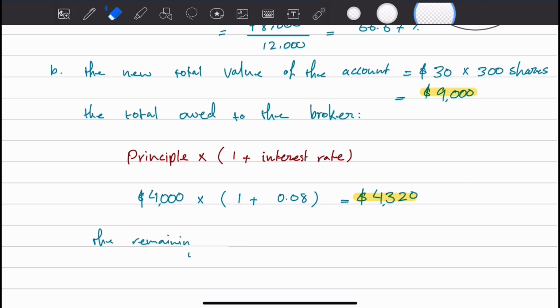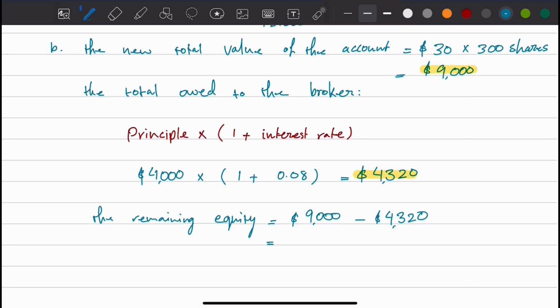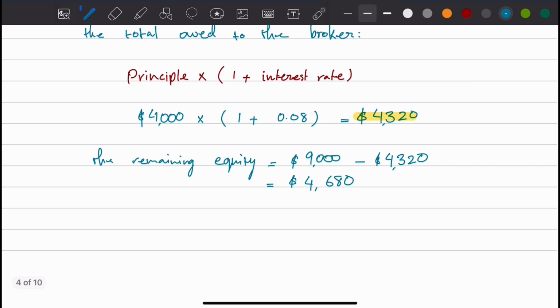It is going to equal the total value of the portfolio, which is $9,000, minus the amount owed to the broker. So that's 4,320. Okay? And that will give us $4,680. From there, we can calculate the remaining margin.